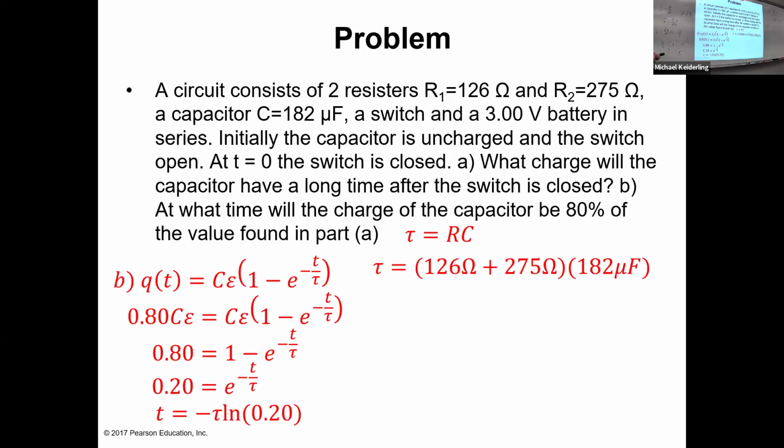So tau is going to be the resistance, 126 ohms plus 275 ohms, times the capacitance, 182 microfarads. That comes out to 73 milliseconds.